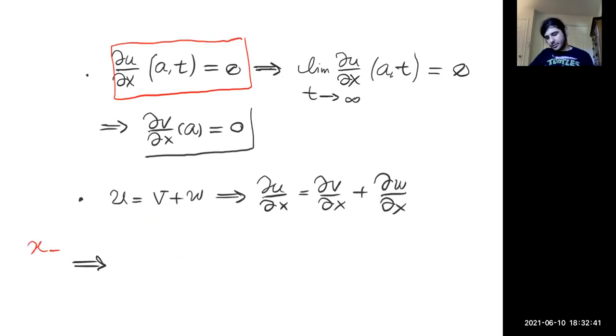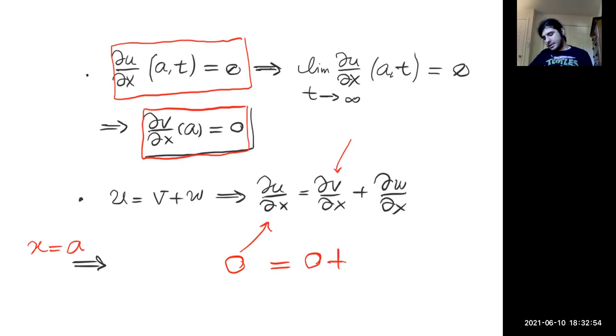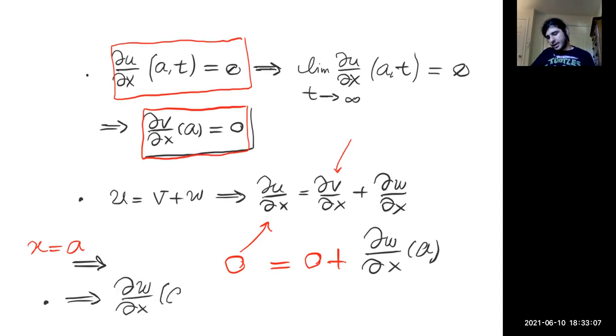So if x is equal to a, this thing here is 0. What about the derivative of v with respect to x at the point a? Well, this other condition tells us that also would be 0, plus the last term, the derivative of w with respect to x at the point a, and therefore this is the other boundary condition. The derivative of w with respect to x at the point a is equal to 0. This is our second boundary value condition. So now we have two boundary value conditions for w.